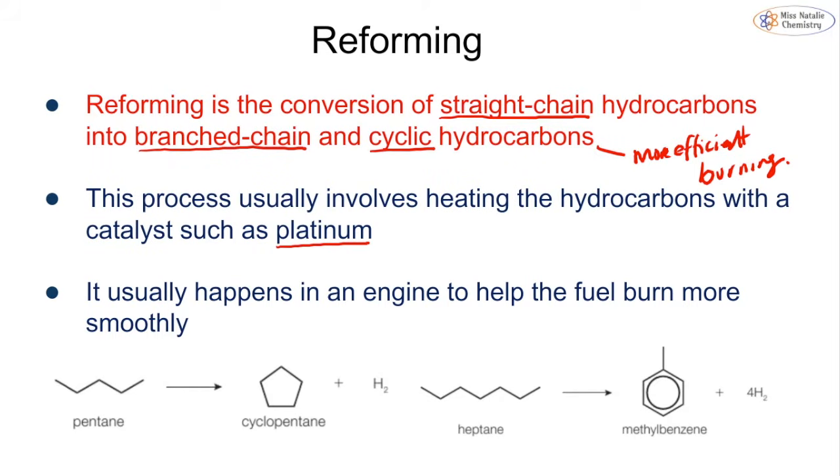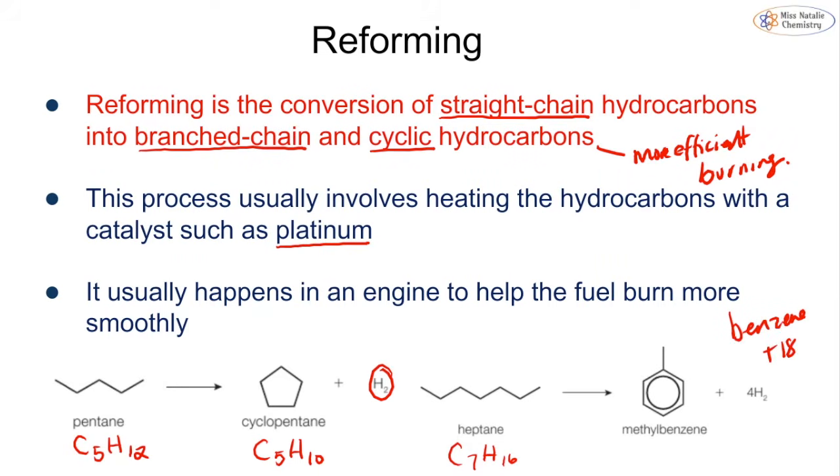An example here would be if we have pentane, which is C5H12, it can undergo reforming and make cyclopentane, which is C5H10, and I also form some hydrogen. Or I can have heptane, which is C7H16, and then I can make methylbenzene, and we have this benzene ring here, which is normally C6H6, and you'll learn about benzene in topic 18.